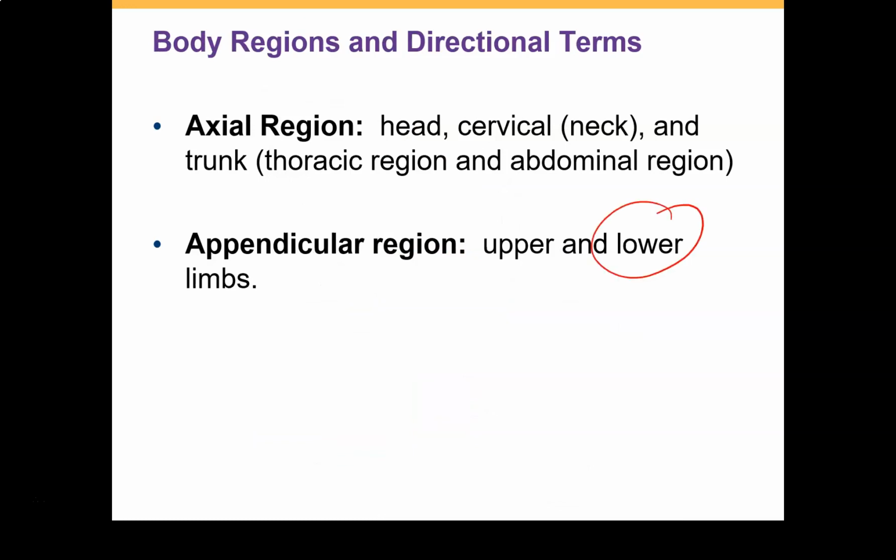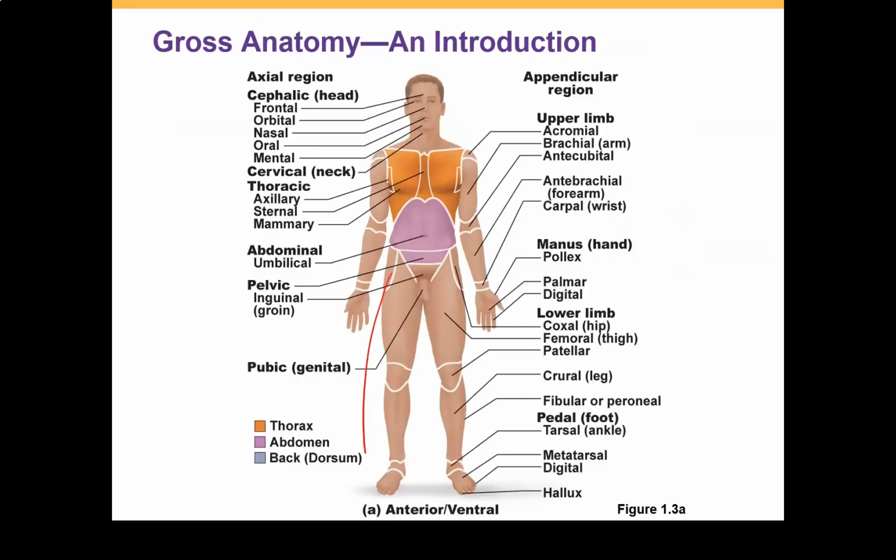The lower limb, as you may have guessed already, is essentially the leg. So when we say appendages, appendicular region, we are talking about the upper and the lower limbs.